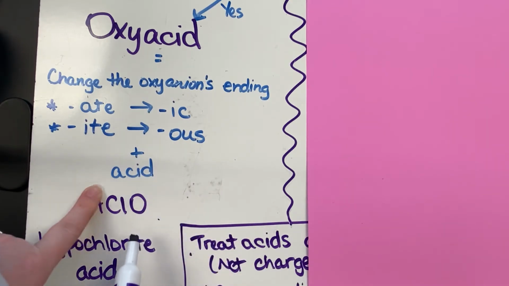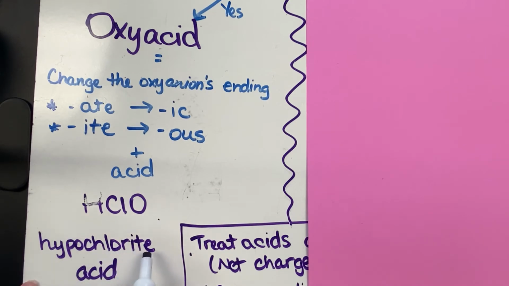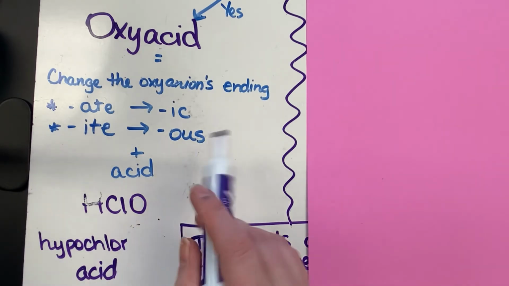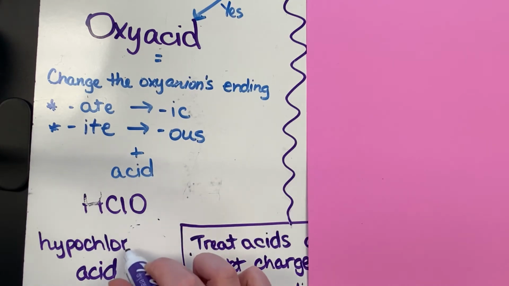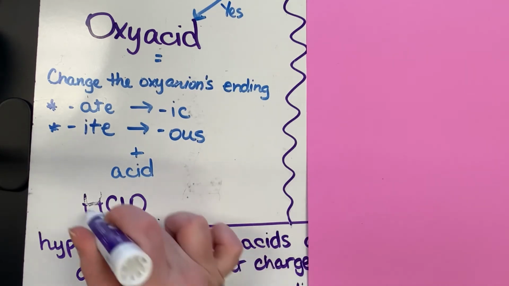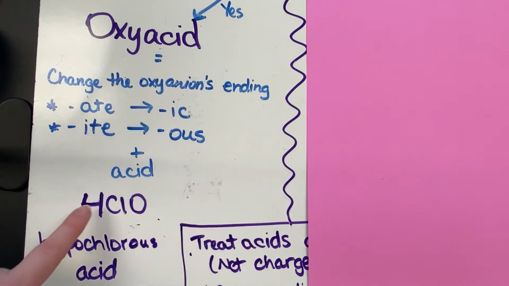And if we know our ions, we know this is the hypochlorite ion. So all we have to do is change the ending. We're going to take this -ite, get rid of that, and change it to the ending -ous. So if I see the formula HClO, I know that that is hypochlorous acid.